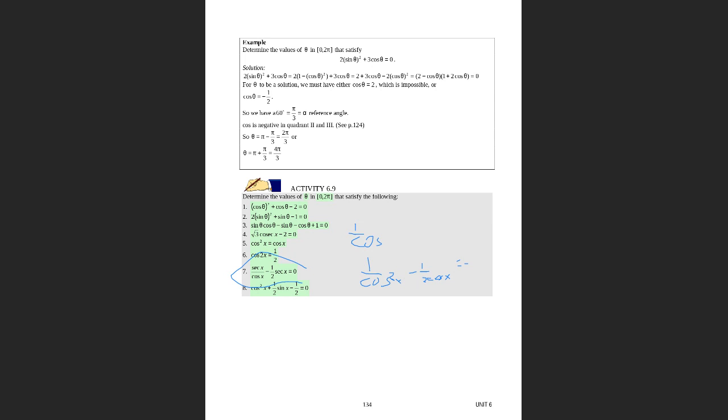Then you can easily get the quadratic equation, simplify, factorize, and find your answers in the quadrants. Unless there are any questions.